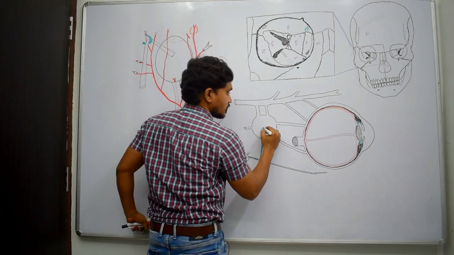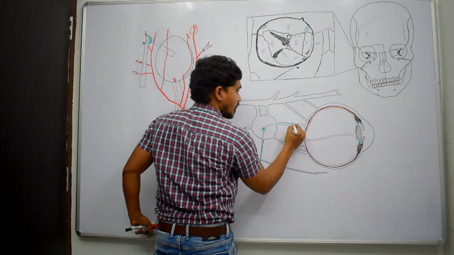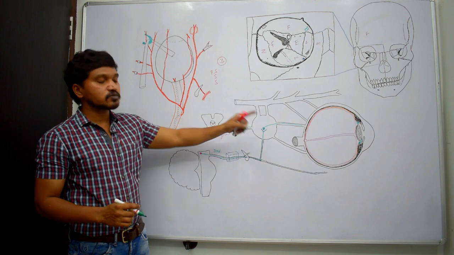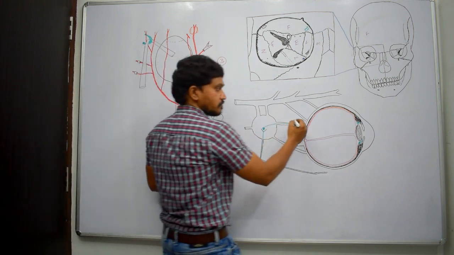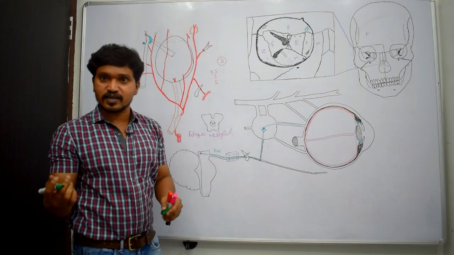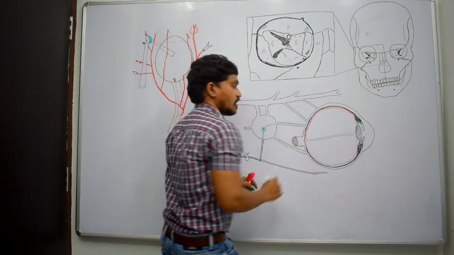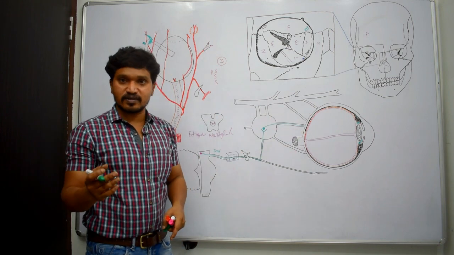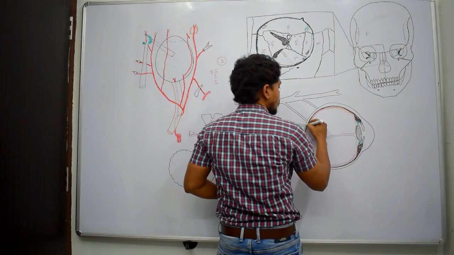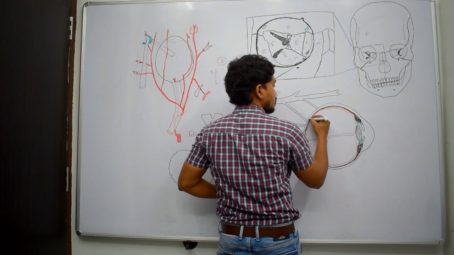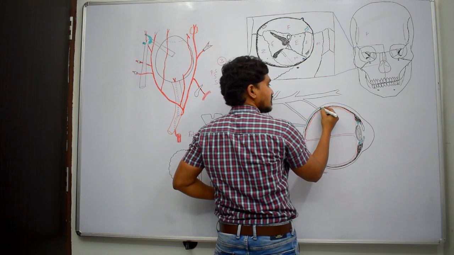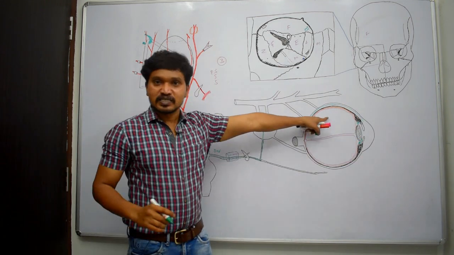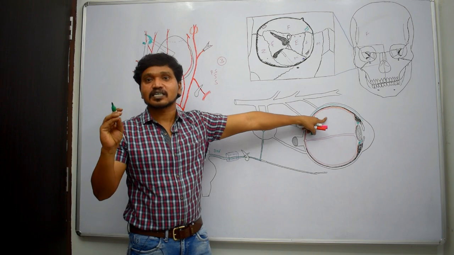These postganglionic fibers pass through the short ciliary nerves. These short ciliary nerves pierce the sclera. Once they pierce the sclera, they enter the space between the sclera and choroid. Through that space these nerve fibers pass and reach the ciliary body and constrictor pupillae.